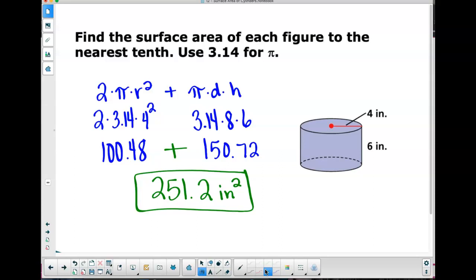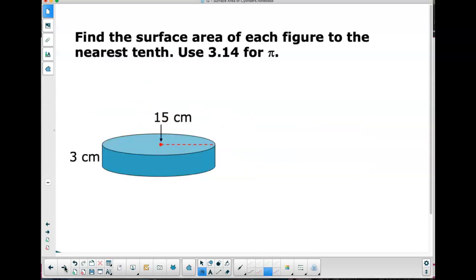Questions there? I kind of like this one better than yesterday because it's always the same, right? It's always the two circles and the rectangle. It's not like, oh, I have 2 triangles this time and 3 rectangles, and I don't have to worry about all that. It's the same formula every time. So, I want you to try the next one.